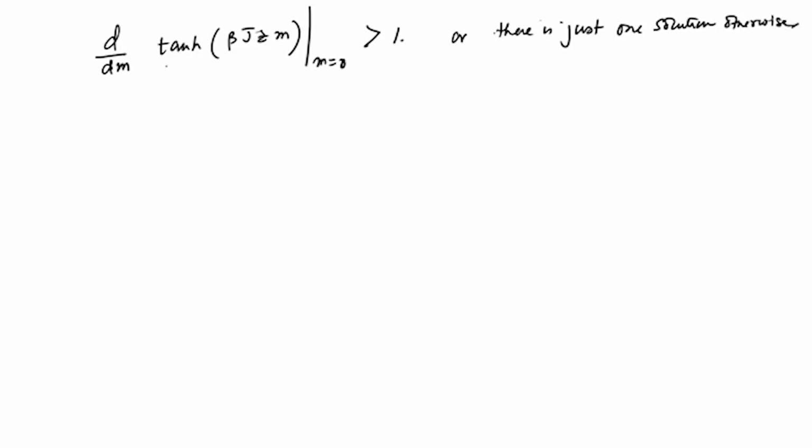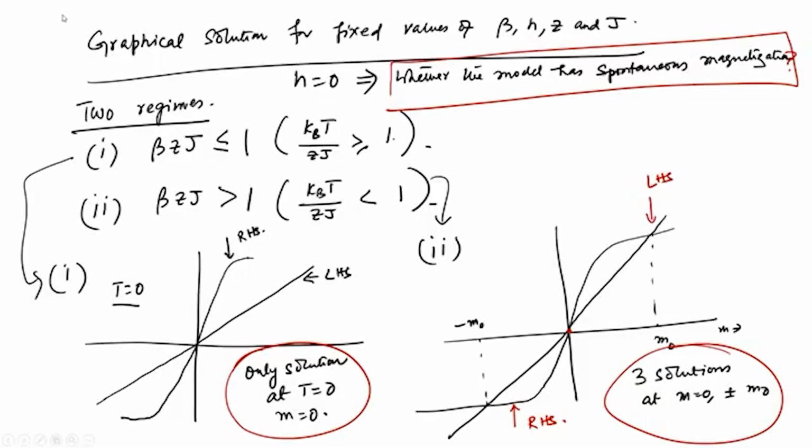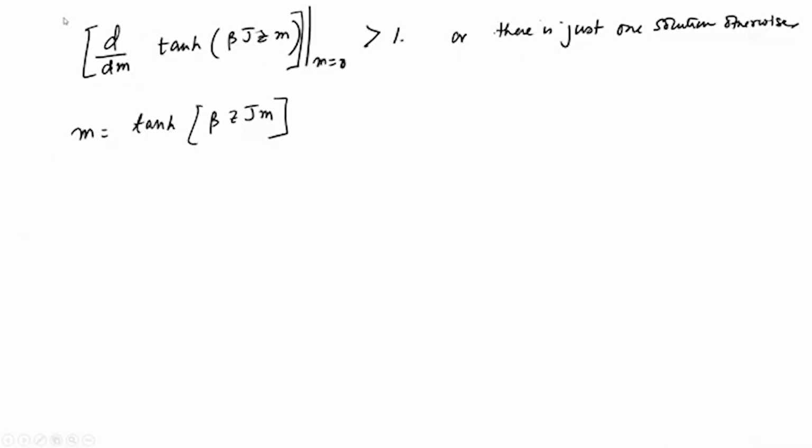So, we take the derivative of this term and evaluate it at m equal to 0. Why we do that is that we look at m equal to tanh(beta z J m), then take d/dm of that and evaluate it at m equal to 0, and this derivative is greater than 1 for beta J z greater than 1, which is basically region 2, and it has just one solution for the other region.